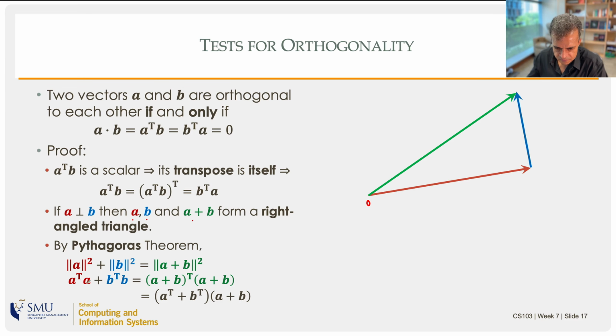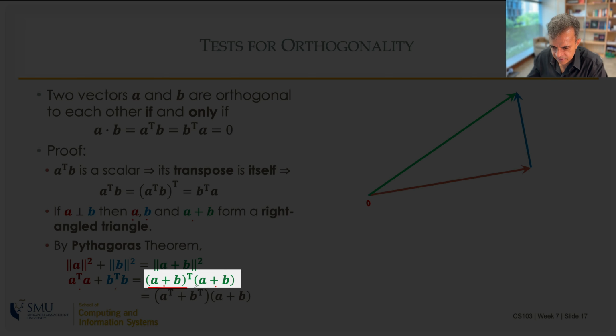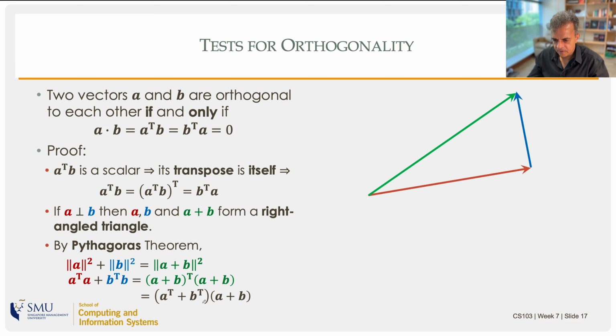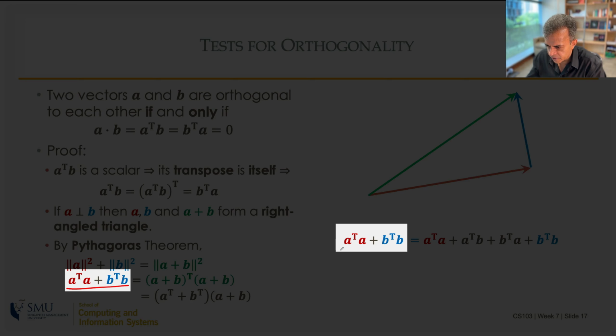We know the norm of a squared is a transpose a, and the norm of b squared is b transpose b. Then the norm of a plus b, the whole thing squared, is the dot product of that vector with itself. So you get that green expression there. You know that the transpose of a sum is the sum of the transposes, so you can write that. Then you can expand it. So you get the left-hand side, that guy right here.